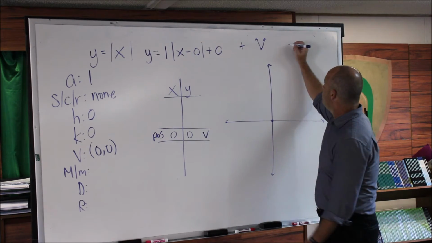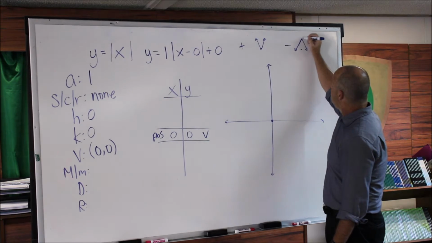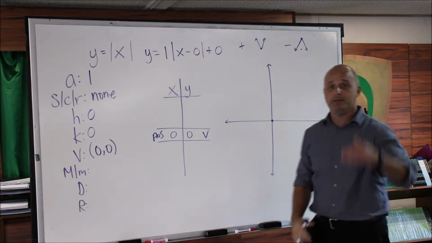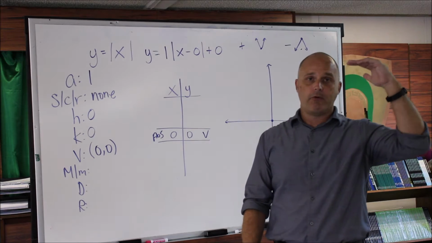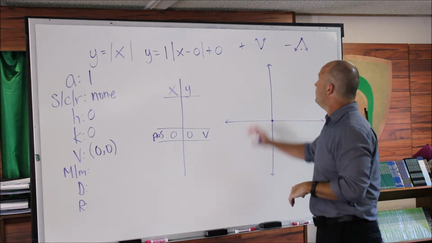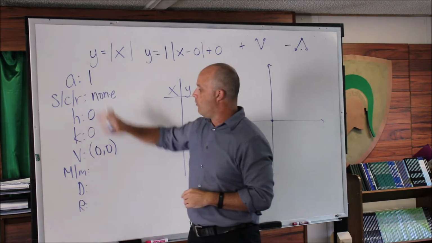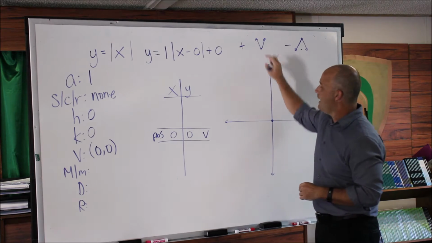Now, if you had a negative, that means that it gets reflected, and then your vertex point would actually be the highest possible, or the maximum value allowed for y. And so what we now have, looking at this, we've got a positive 1, so that means that we are going to have a minimum.